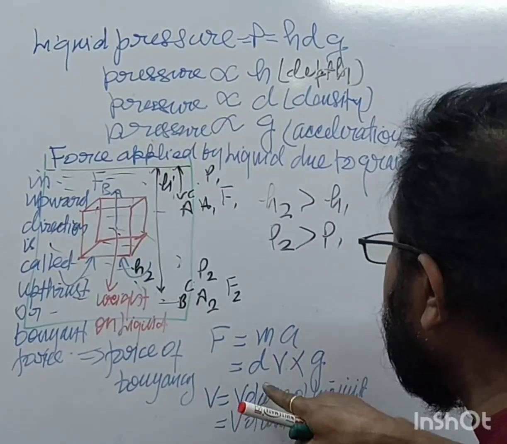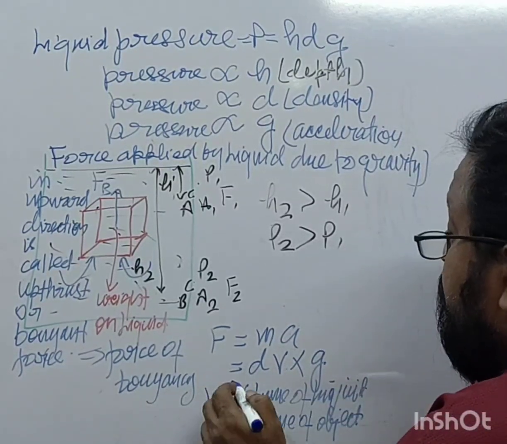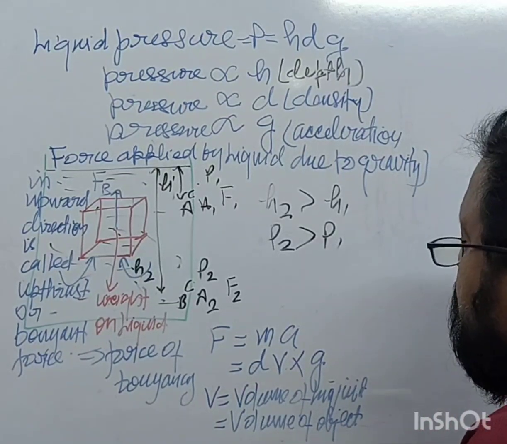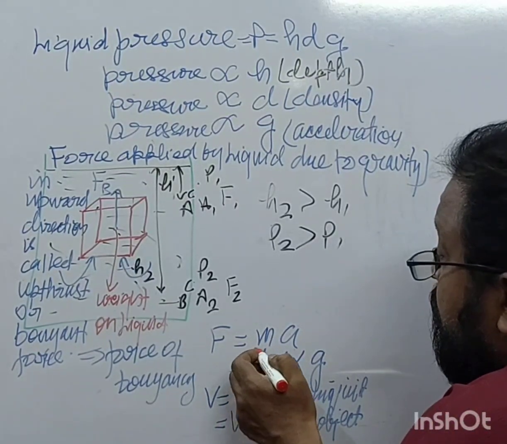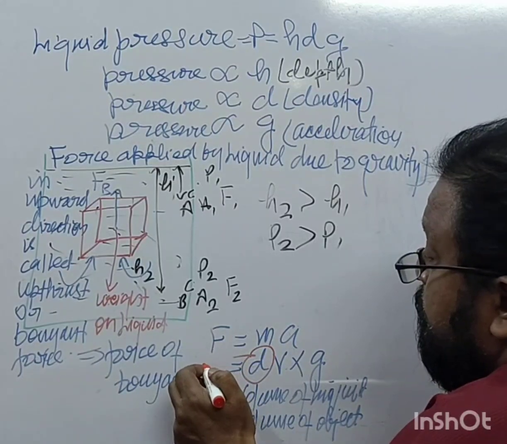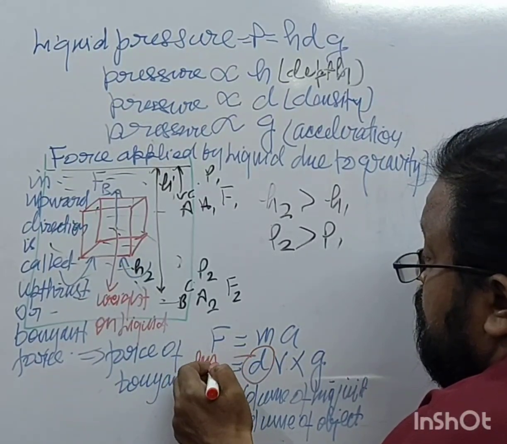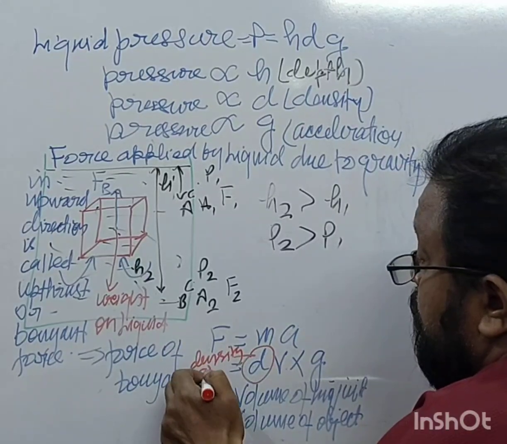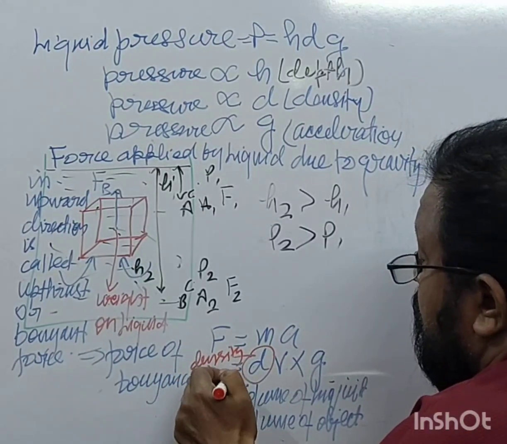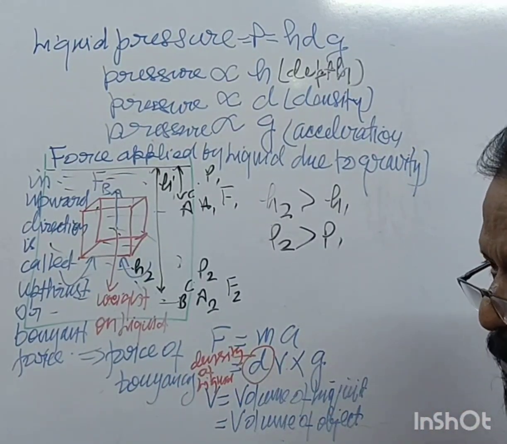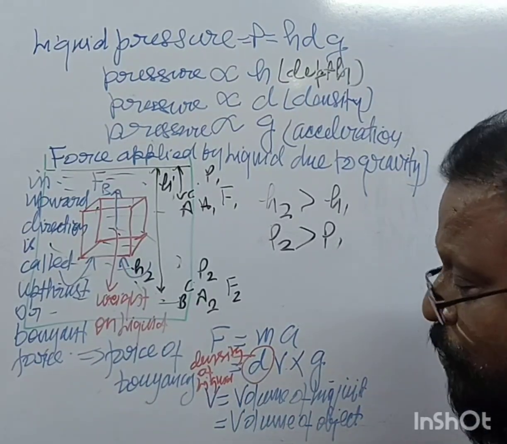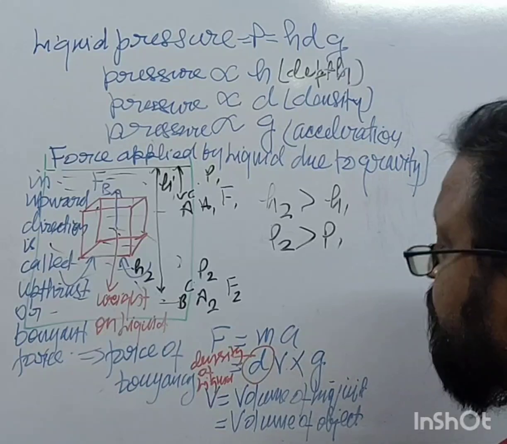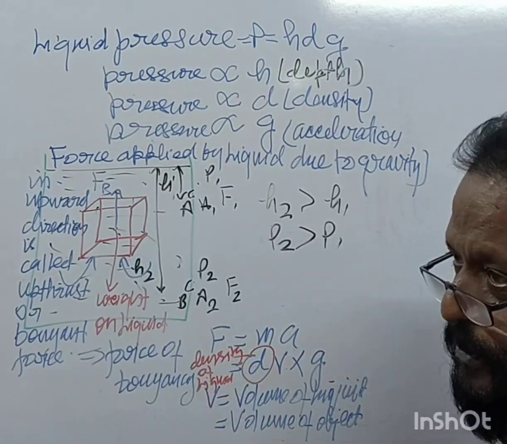Here d is density of liquid, V is volume of liquid, and g is acceleration due to gravity, as you know that, right? So this is buoyant force.